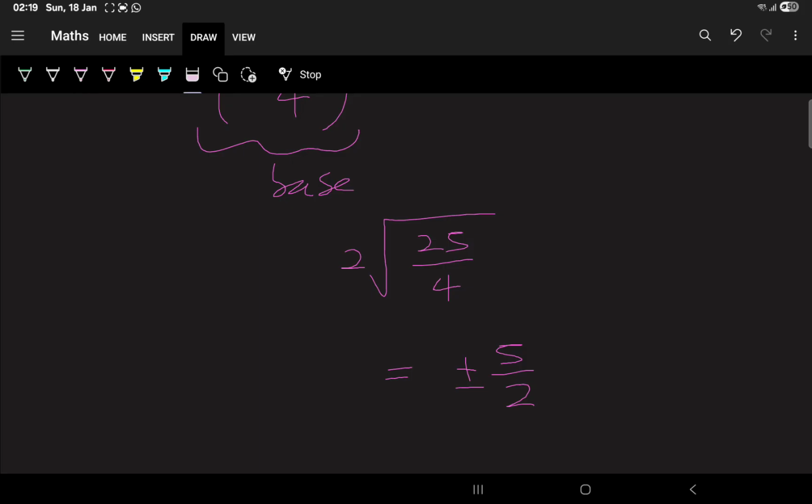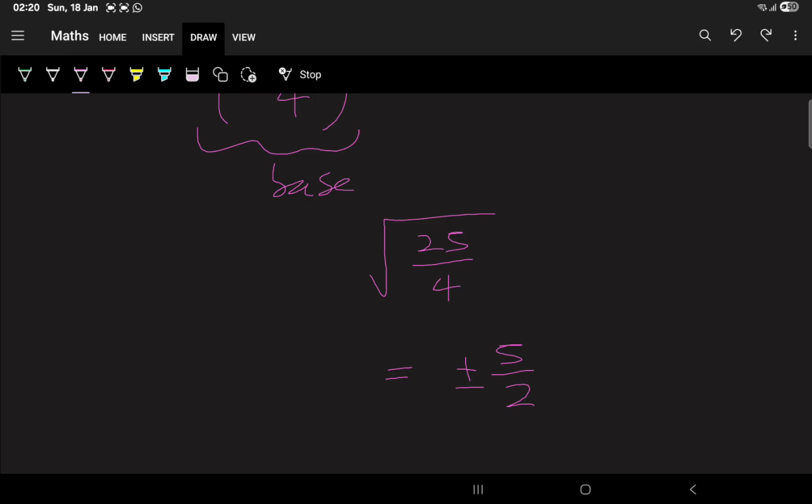25/4. Now this 2 right here is not compulsory. You put it like this, signifying it's a square root. But if for instance you're taking a cube root, it will be something like this, and if you're taking the 4th root, you'll have something like this also.